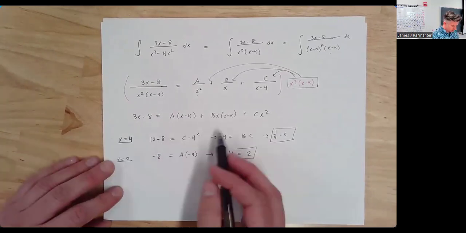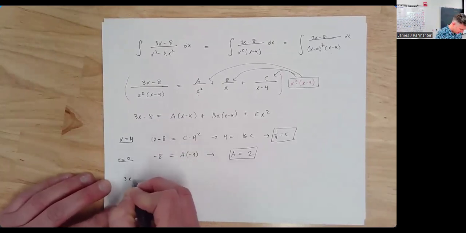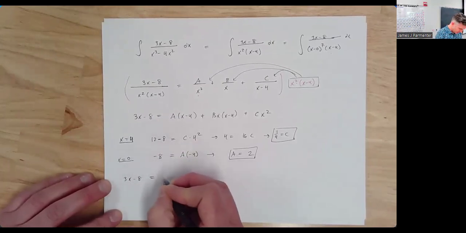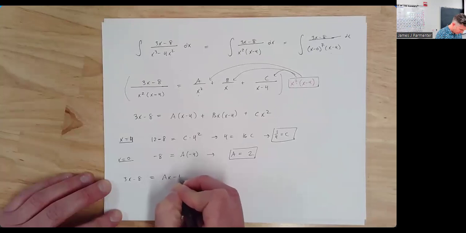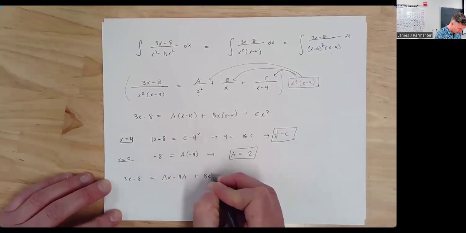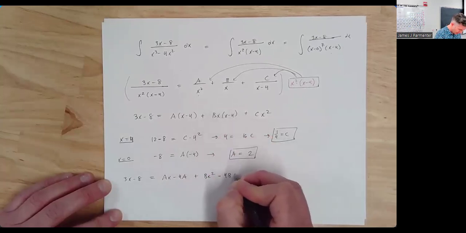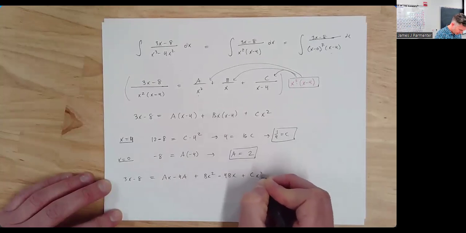So normally I wouldn't do all the work I'm about to do, but I'm going to do it here. If you multiply out the right-hand side, I have 3x minus 8 equal to a times x minus 4 times a plus b times x is b times x squared, minus b times x times 4 is minus 4bx, plus cx squared.